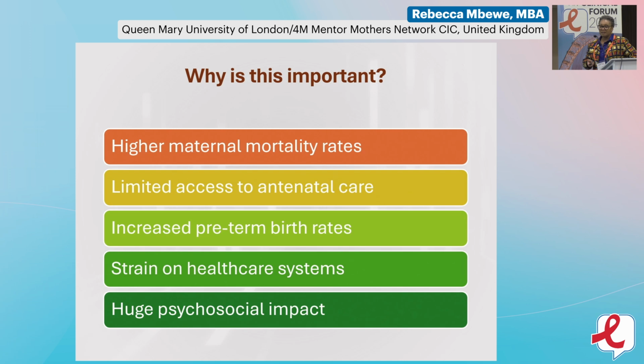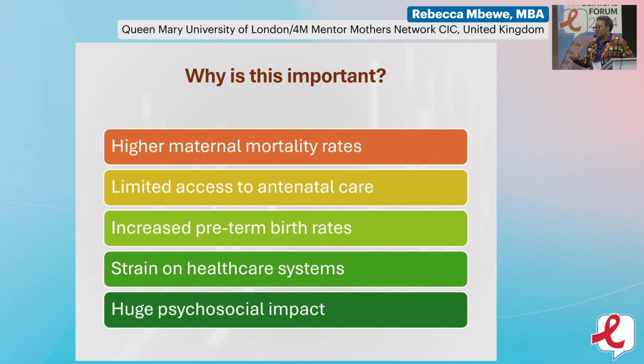I'm probably giving you information that we already know, but it's worth bringing that back to our memories. These women have limited access to antenatal care when they migrate or they're displaced and they come to other countries. It increases their preterm birth rates.